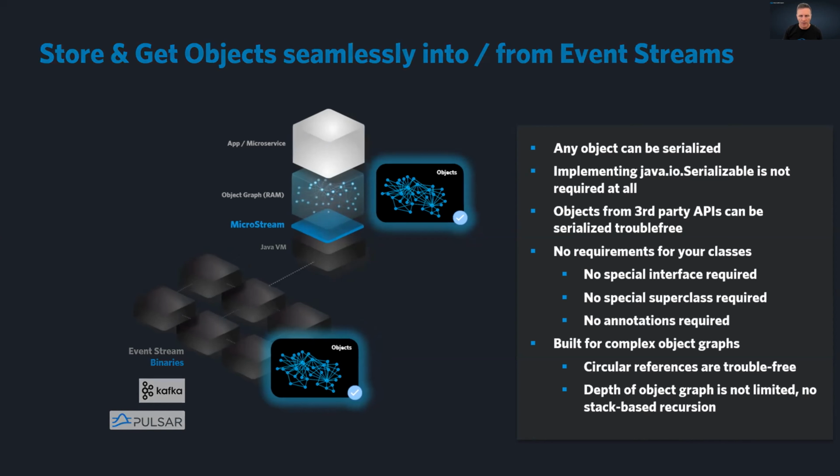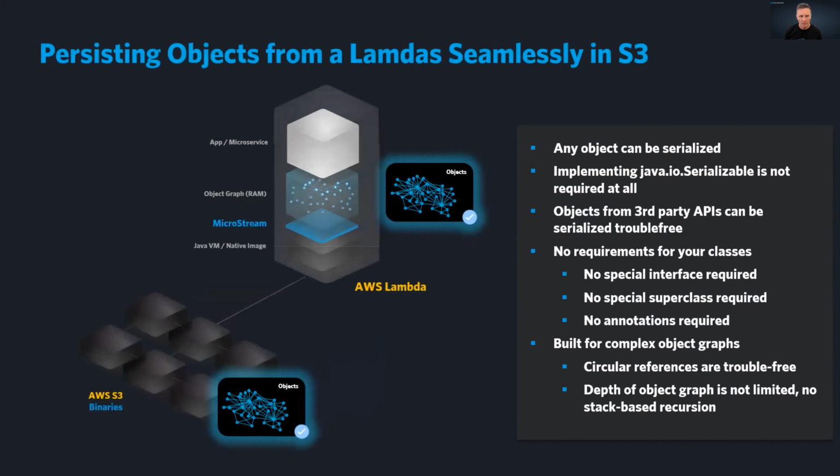Another use case is using MicroStream together with AWS Lambda or other serverless functions on other platforms. With serverless Lambdas, we have the challenge that they are actually stateless. If you have data in a Lambda and the Lambda goes down, then your data is lost, which is why your Lambdas should not have a state.